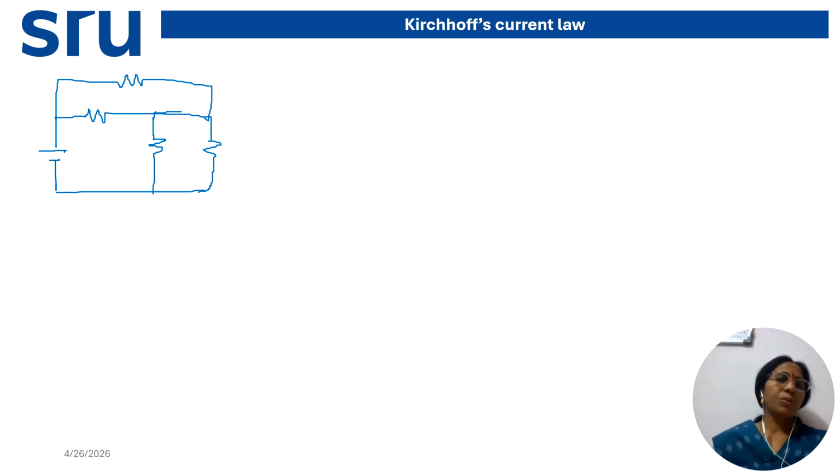Here I am taking this branch current 7 ampere and in this branch 5 ampere, but in this branch current I am writing X.